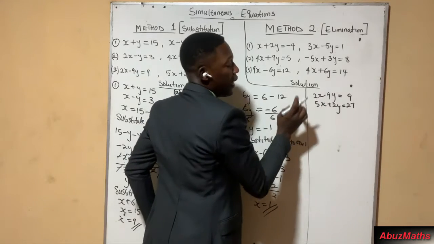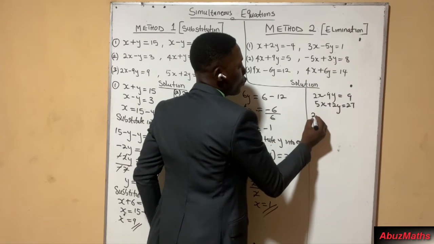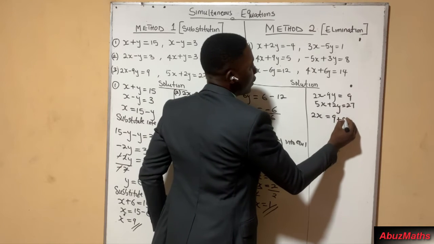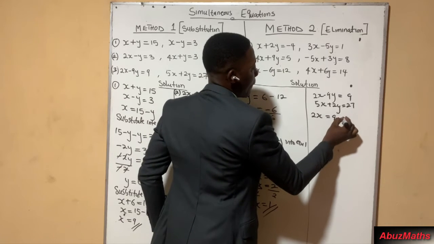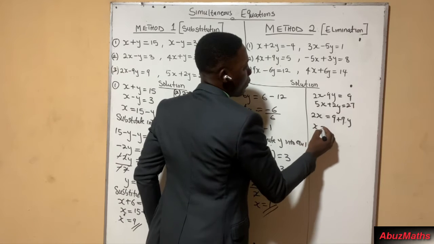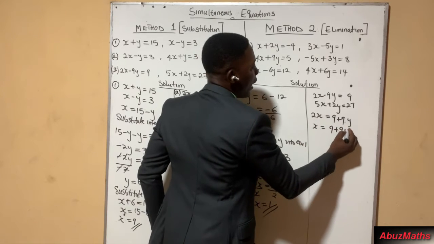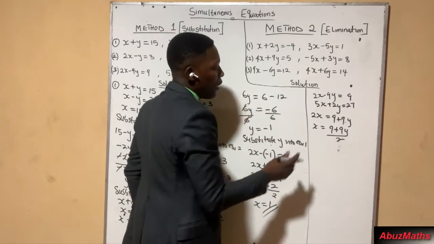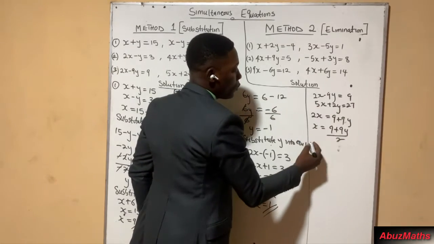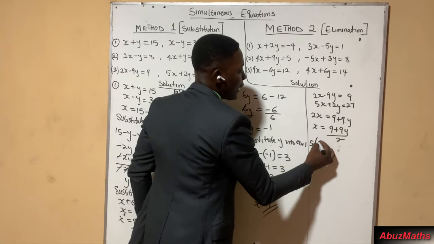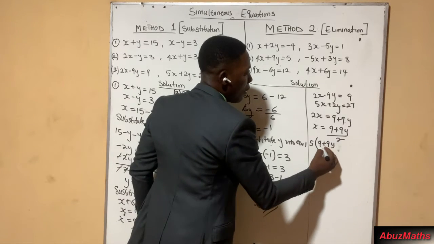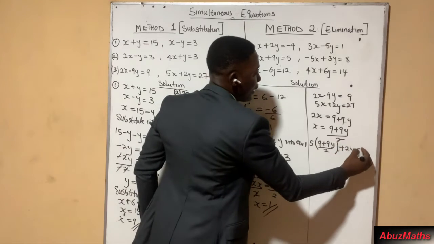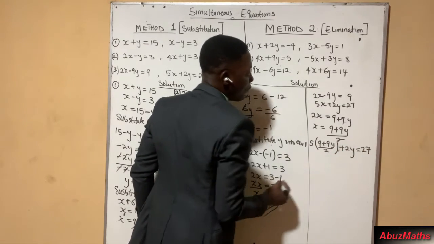Now let me make x the subject of the formula. So 2x will be equal to 9 plus 9y. Now x will be equal to (9 plus 9y) divided by 2. Now if I plug this into equation 2, I have 5 into bracket (9 plus 9y) all over 2, plus 2y is equal to 27.